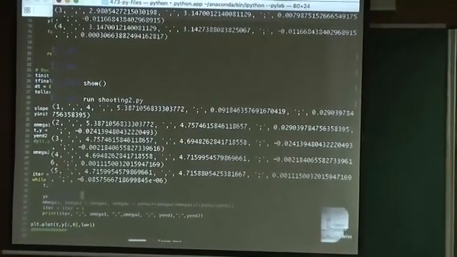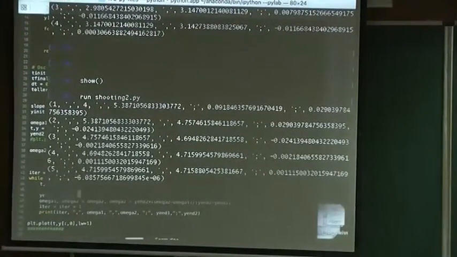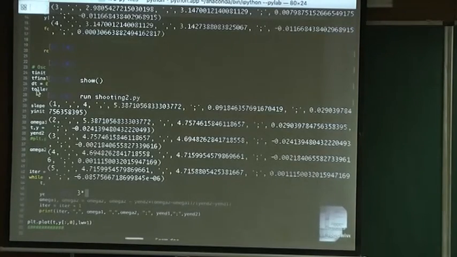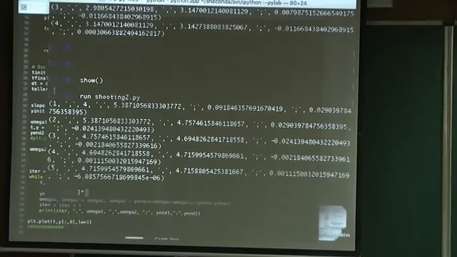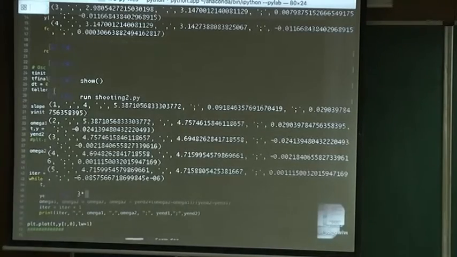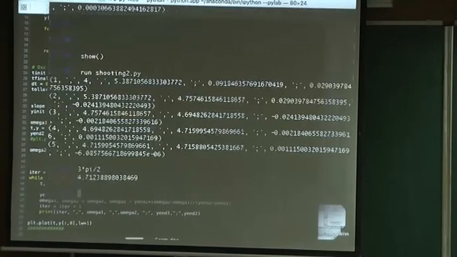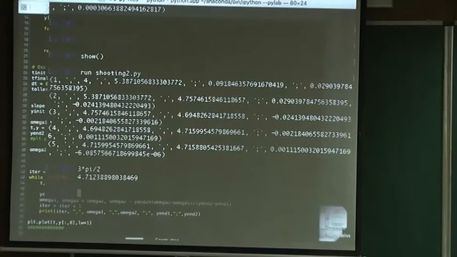What? 4.71. What is this? 3 pi by 2? It went outside 4. Well, actually this can go out, this is not bracketed. So this is 3 pi by 2. Yeah, so this has gone to the next solution.